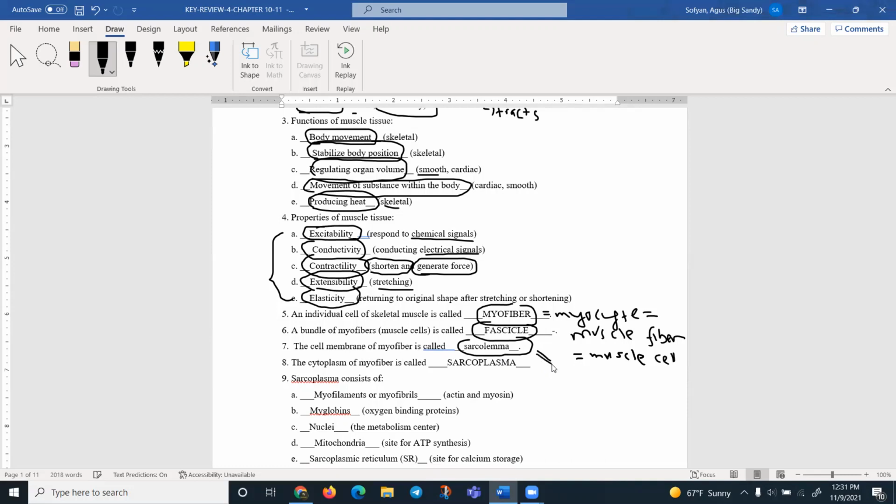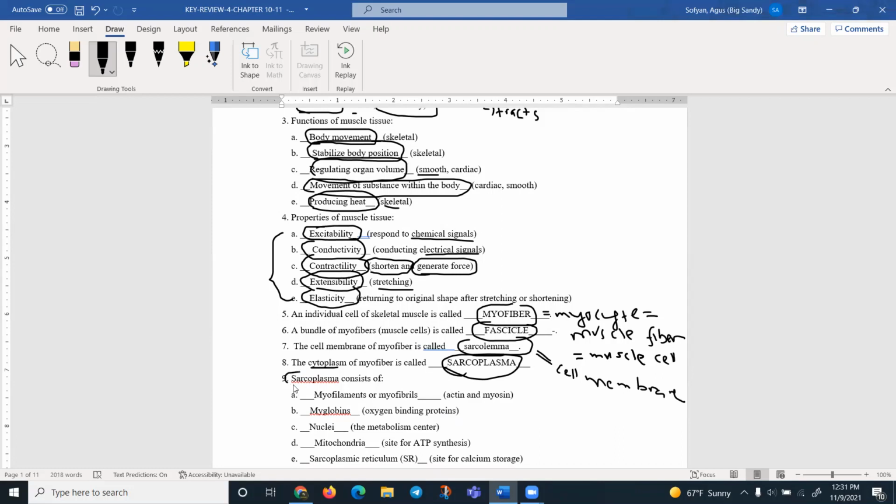So this sarcolemma is similar to the cell membrane of other cells. Okay, so sarcolemma is the cell membrane of the muscle cell. The cytoplasm is called the sarcoplasm. Okay, so sarcoplasm is actually the cytoplasm of the muscle cell.